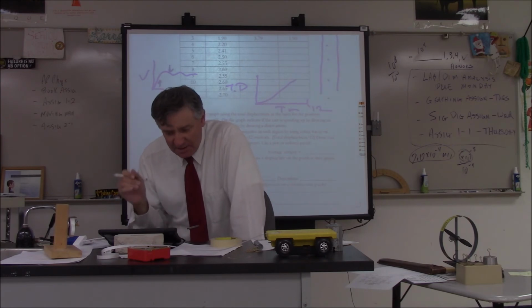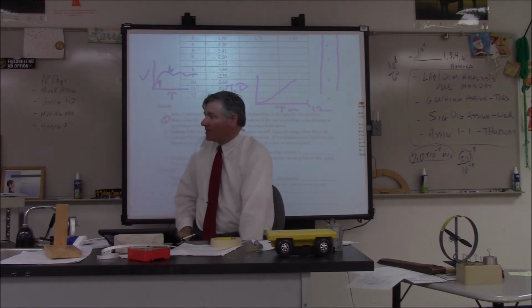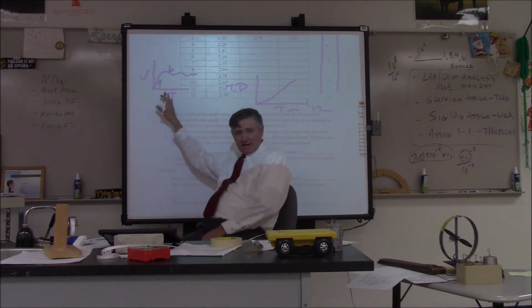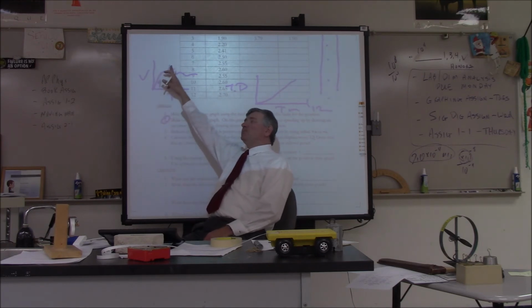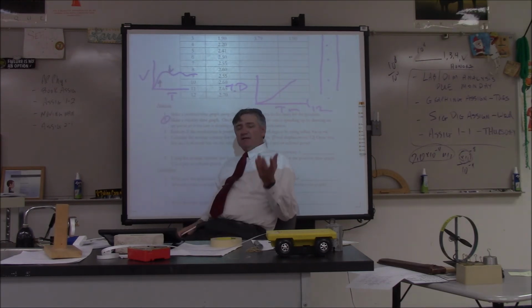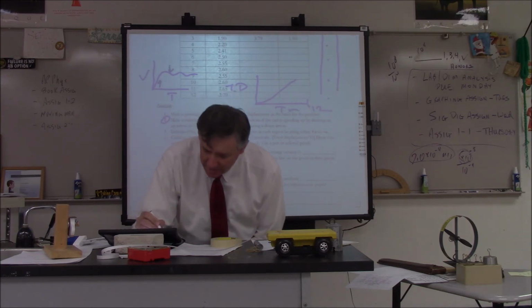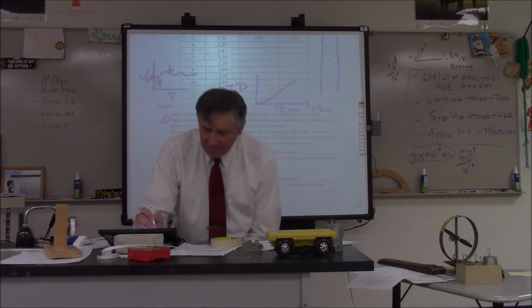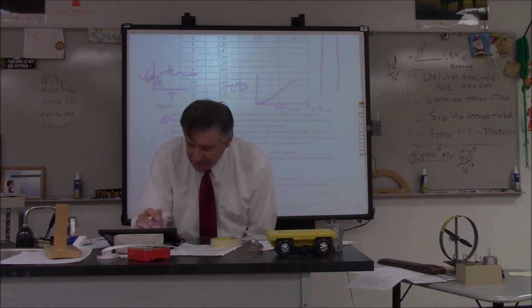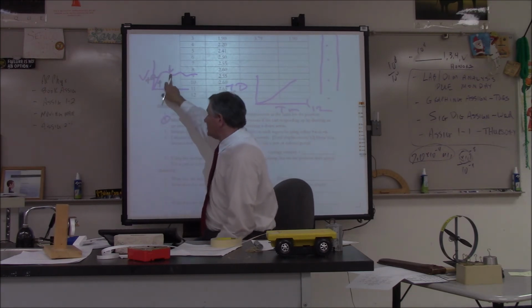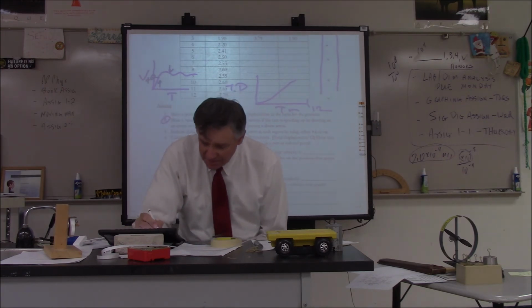Now, on number 3, it says indicate if the acceleration is positive or negative at each interval by using either a positive A or a negative A. Well, imagine that you're back in a math class and you have an upward sloping line. That has a positive slope, so you're just going to come in here and go, okay, in that region, that has positive acceleration. This region here, you're going to have negative acceleration.